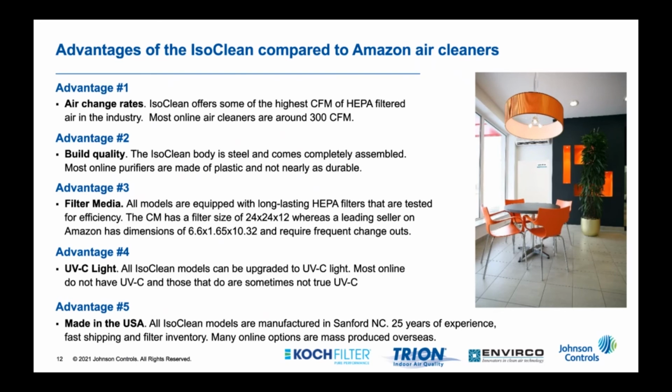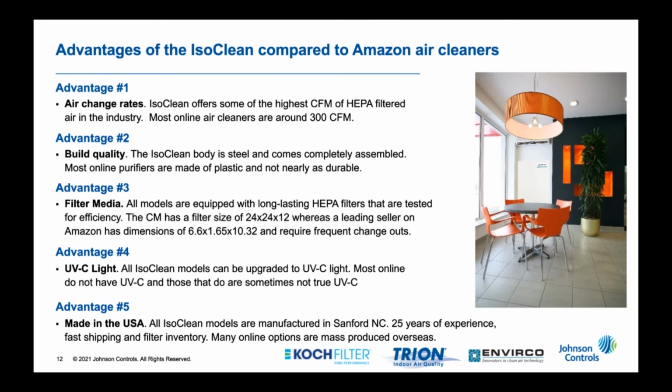They're made offshore in very high volume, and most of them don't move nearly as much air as the IsoClean. Most of them are around 300 CFM. So the IsoClean has a huge advantage in air change rate. You can serve much larger spaces than those Amazon units.